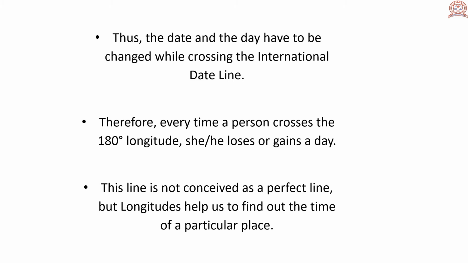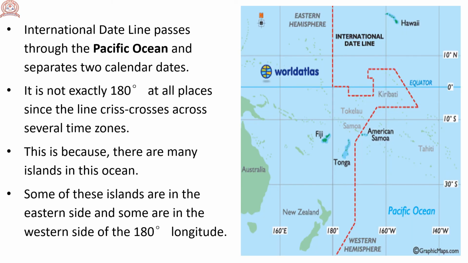This line is not conceived as a perfect line, but longitude helps us to find out the time of a particular place. The International Date Line passes through the Pacific Ocean and separates two calendar dates.